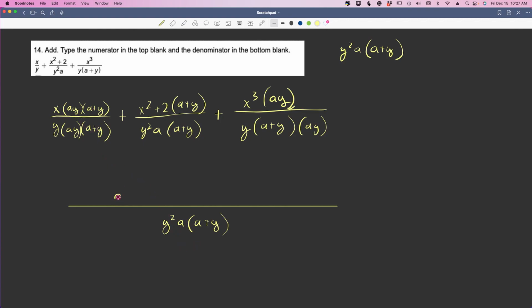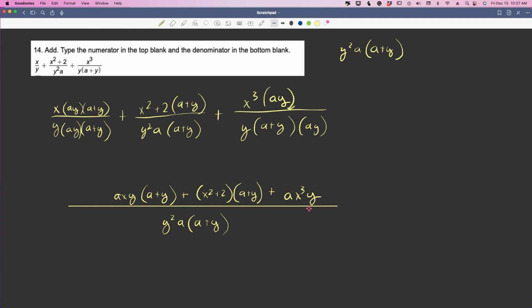So this is going to be axy times a plus y plus x squared plus 2 times a plus y plus, we'll just write this all together, ax cubed y in alphabetical order. So this is what your numerator is supposed to be.